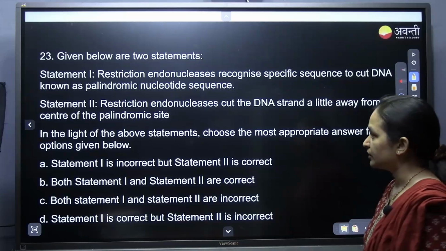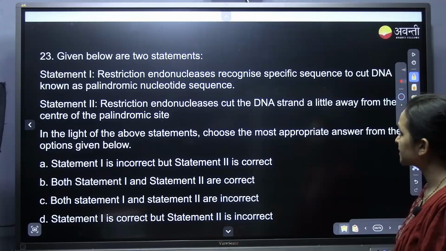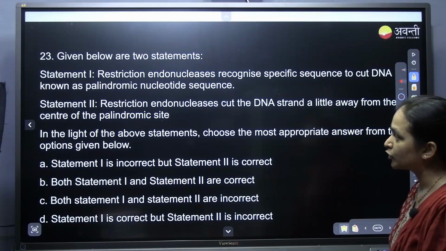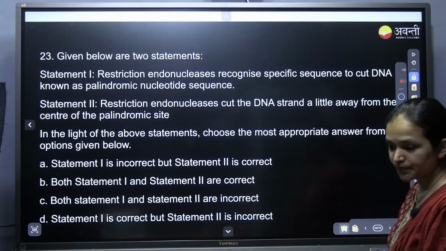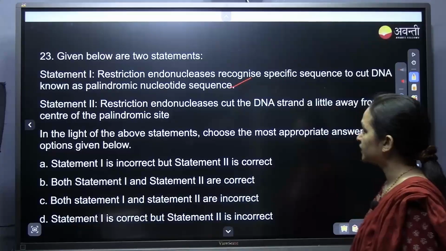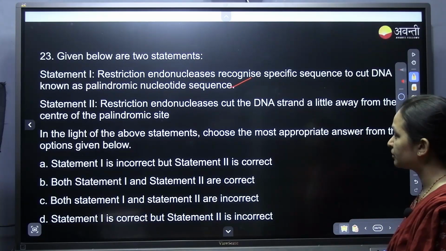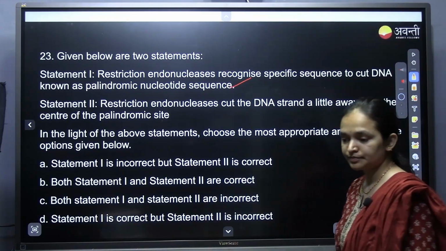Given below are two statements. Statement 1: restriction endonucleases recognize specific sequence to cut DNA known as palindromic nucleotide sequence. True. Statement 2: restriction endonucleases cut the DNA strand a little away from the center of the palindromic site.